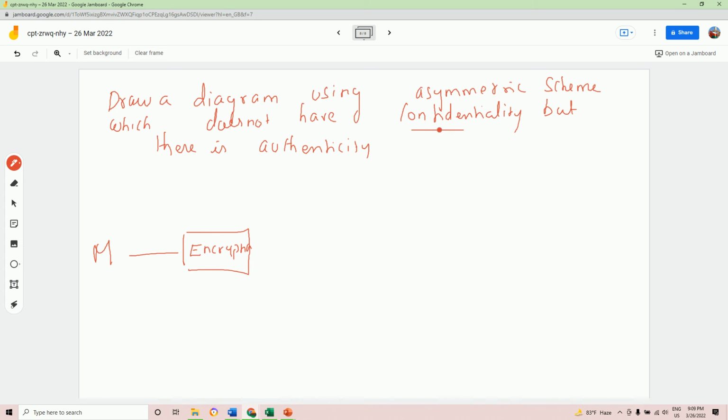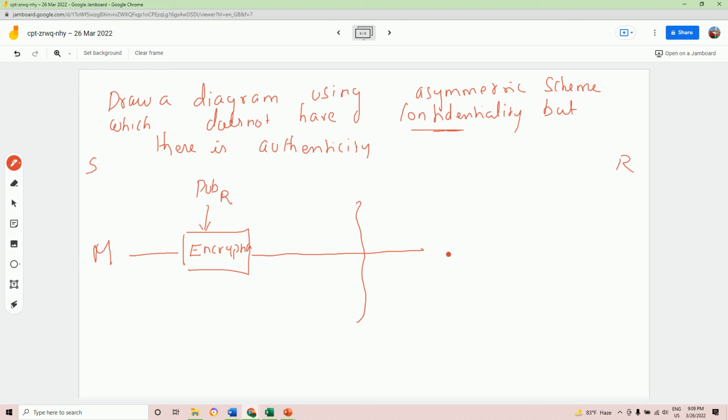Okay, so you have confidentiality. Please understand, if you want confidentiality, then you have to use the public key of the receiver. This is the receiver, this is the sender.